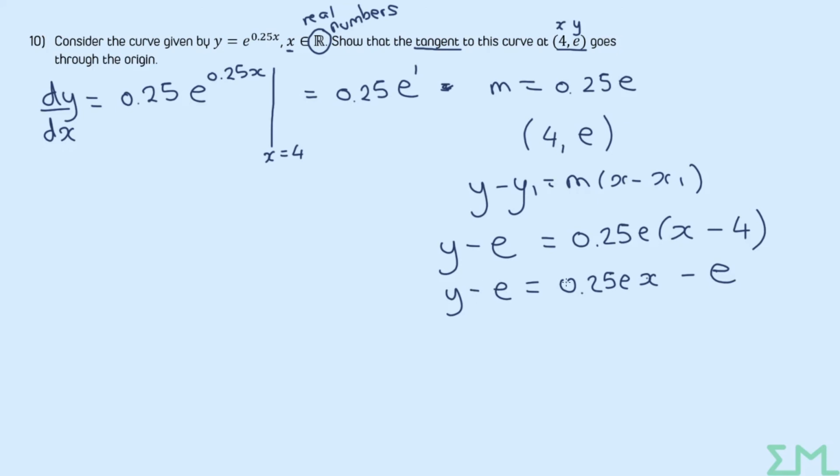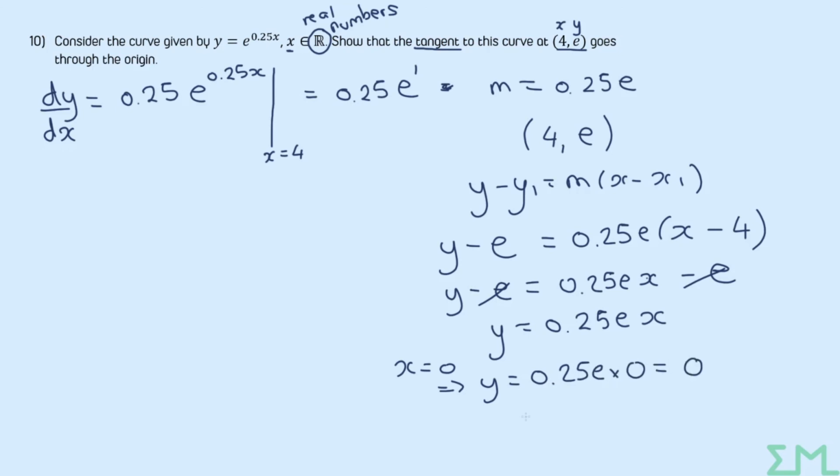Now straight away we can see the minus e and minus e are going to cancel out, so we can put a line through those, and we are left just with y equals 0.25ex, and we are trying to show that it goes through the origin. So if we put x equals 0, we get y equals 0.25e times 0, which is 0.